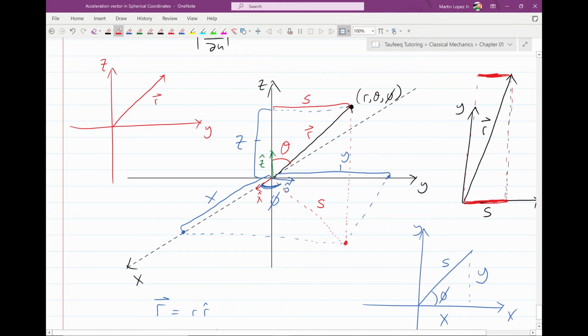This right here is r, and let me not make a 2D projection. This is r, and this right here is z. These are the same. And this is s, and this is theta.